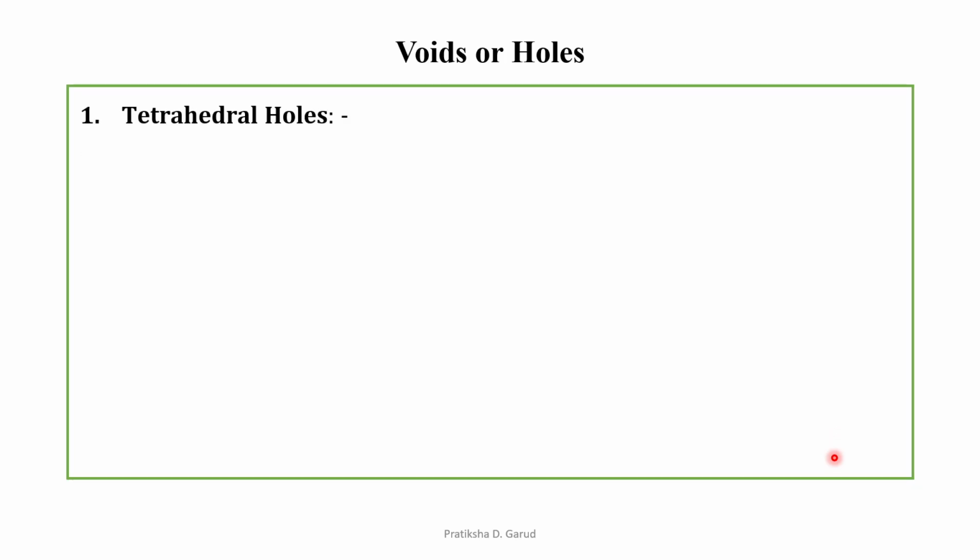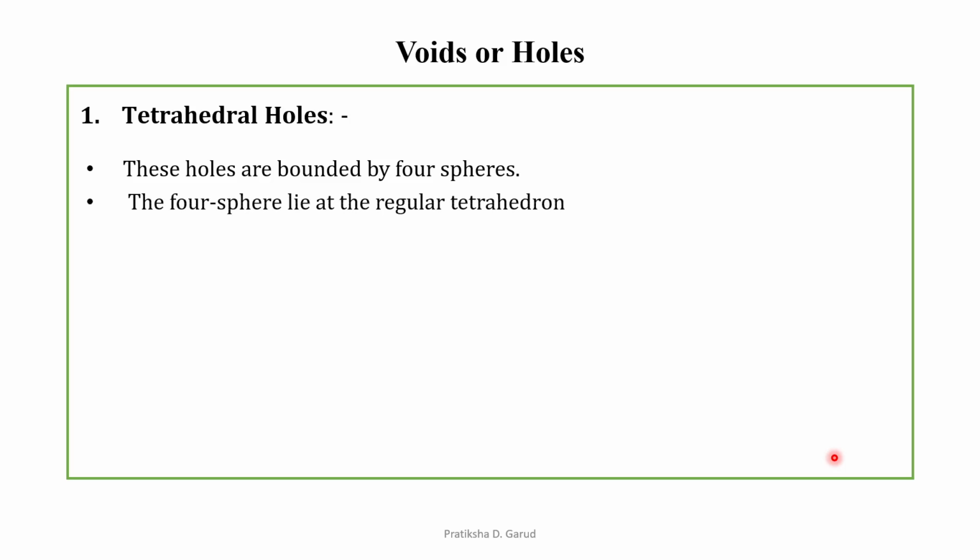We have the first type of holes, the tetrahedral holes. We have seen the shape. Let us explain these tetrahedral holes. These holes are bounded by 4 spheres. Tetrahedral means 4 spheres. When 4 spheres form a hole, it is called a tetrahedral hole. The 4 spheres lie at the corners of a regular tetrahedron. So we can say this is the tetrahedral void.